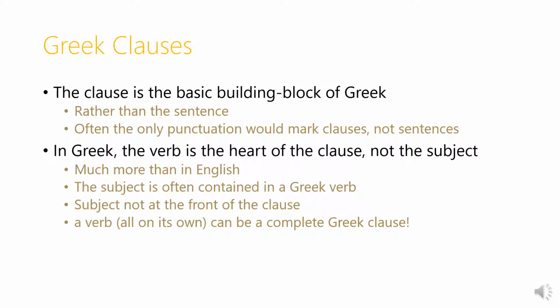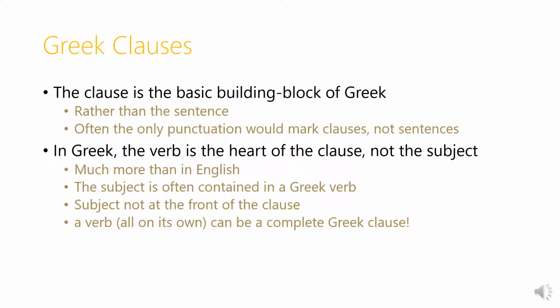But the subject is very often contained implicitly in the Greek verb. And we'll see later when we learn about verbs that you often don't need to express the subject at all. So it's not the subject that's the focus, it's the verb, it's the action that's the focus. And the subject isn't necessarily at the beginning of the sentence like it is in English. The subject, if it is expressed separately, might come at the end of the clause or somewhere in the middle.